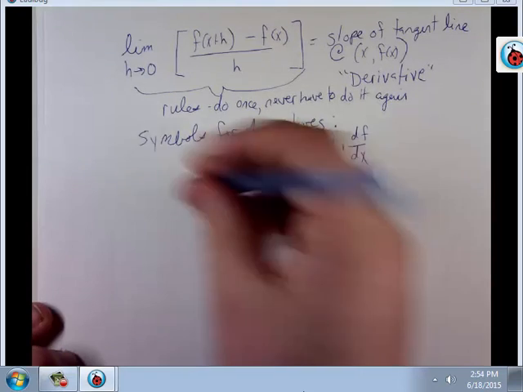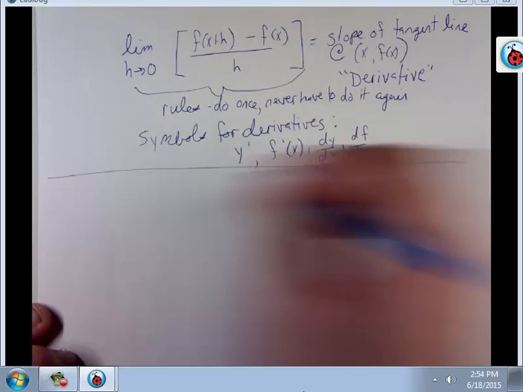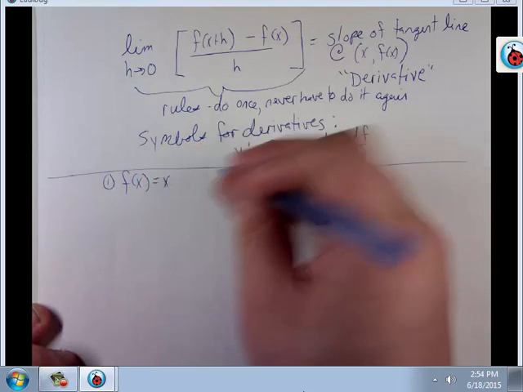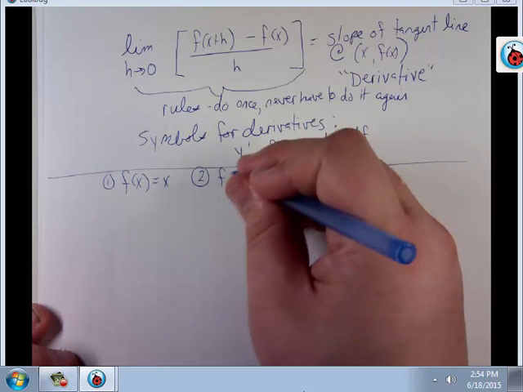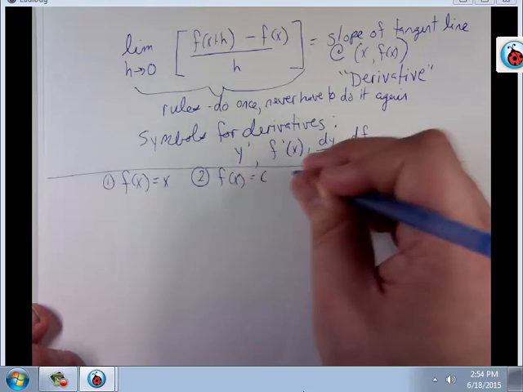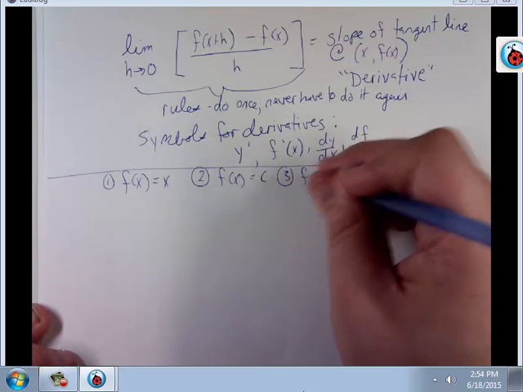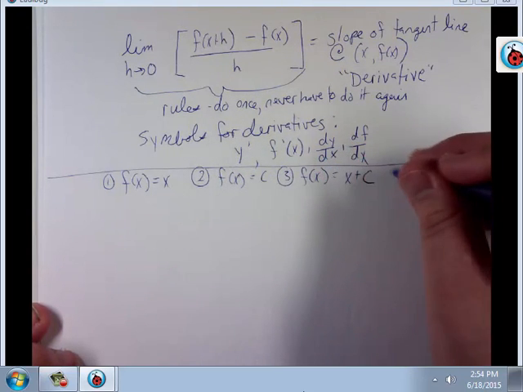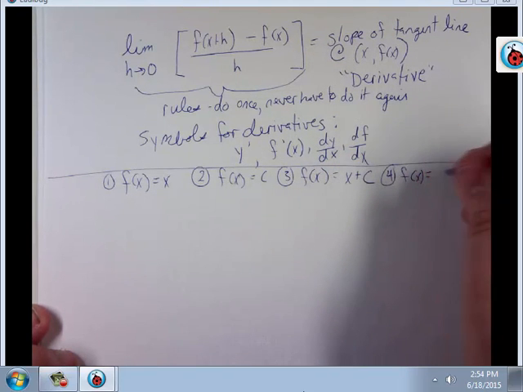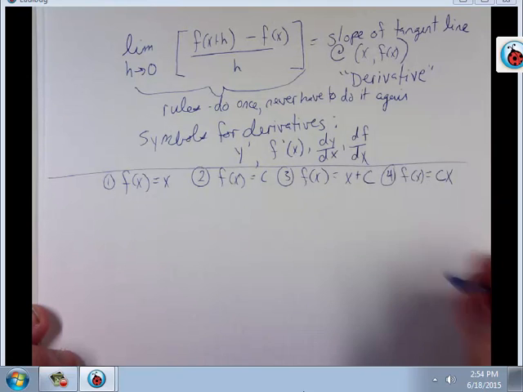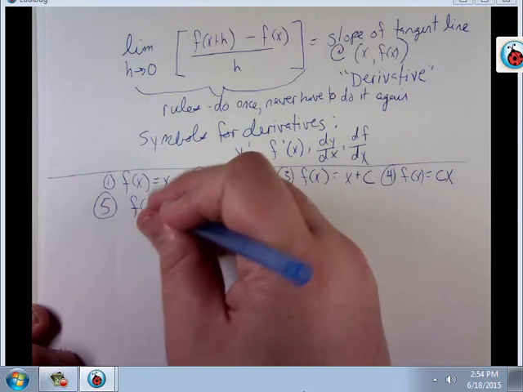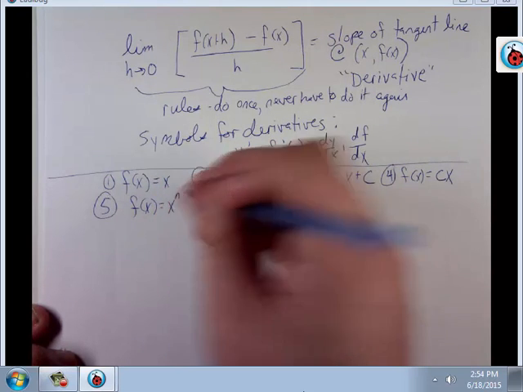So that means we're going to work with f of x equals x. F of x equals a constant. F of x equals x plus a constant. F of x equals a constant times x. And finally in this one we're going to do f of x equals x to the n.